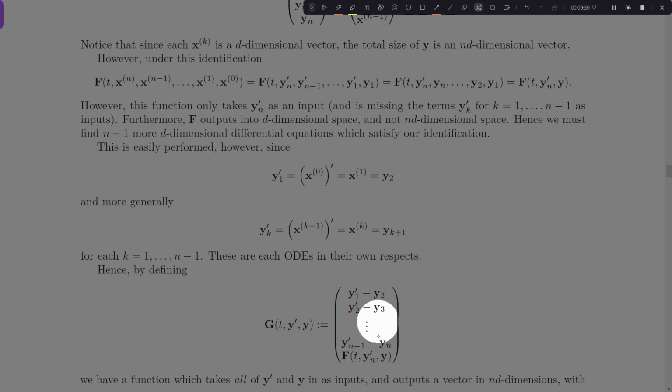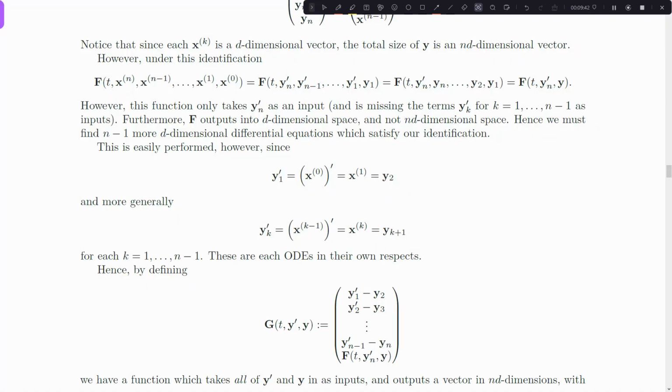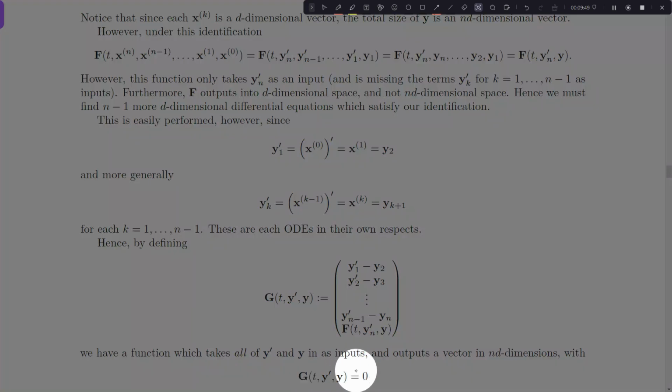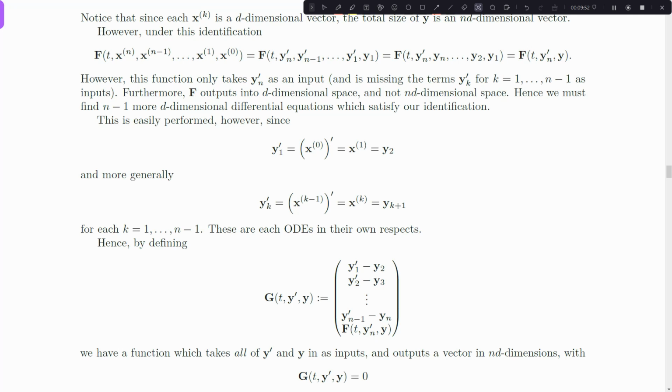So this is now the vector valued function G with vector inputs, and if I set that function equal to the 0 vector, then what I recover is exactly the relationship to recover every single vector from its previous components, and then the very bottom one was the original ODE. But now everything is truly sitting as a first order ODE, so that's really nice.